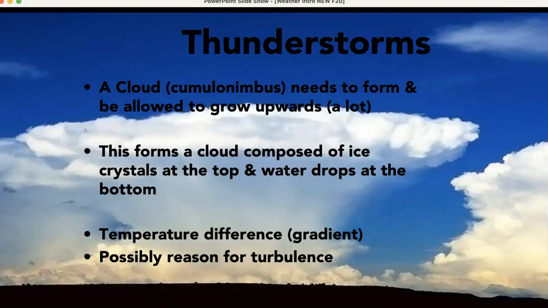Thunderstorms and rainbows. So, we mentioned several times in the previous conversation the complexities that need to happen with a thunderstorm.